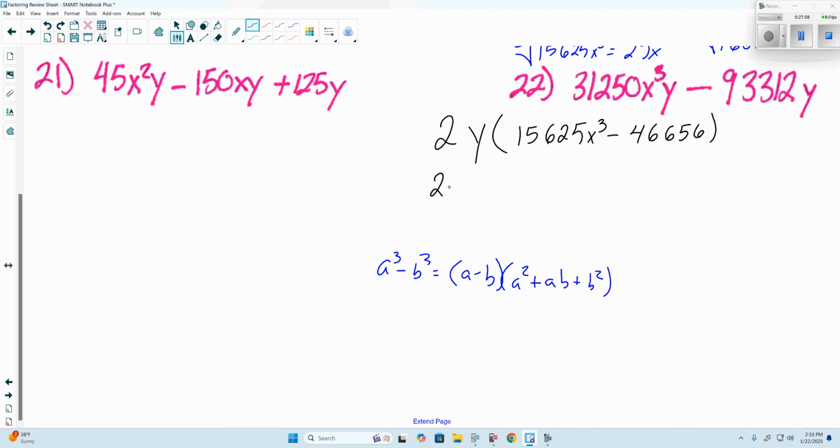So 2y. Our first one's a minus b. A is 25x minus b, so 25x minus 36. Our next term is a squared, so we would have 25x squared, plus ab, so 25x times our b term, which is 36, plus b squared.